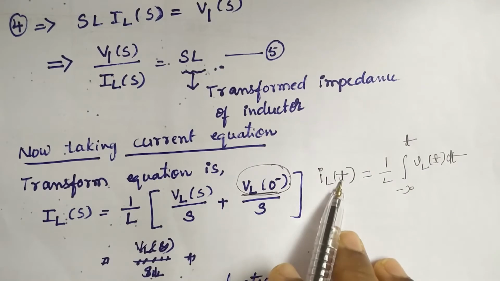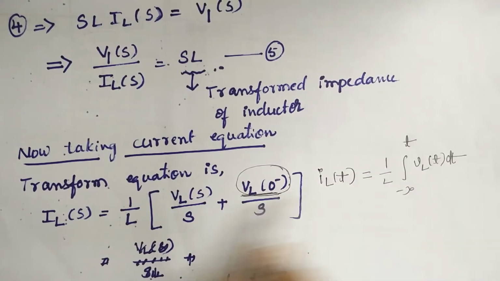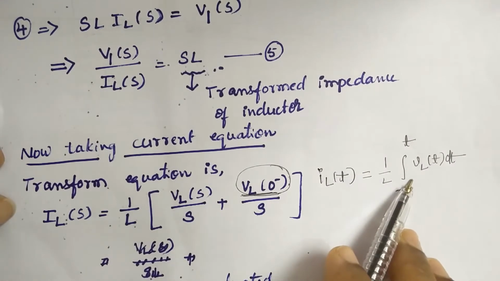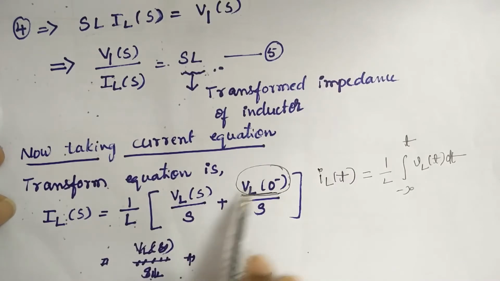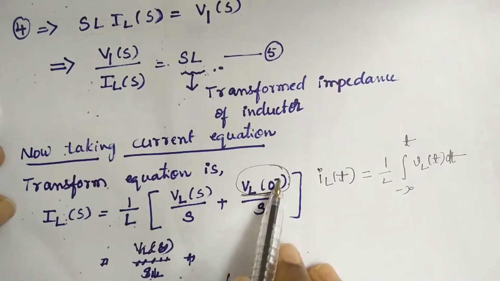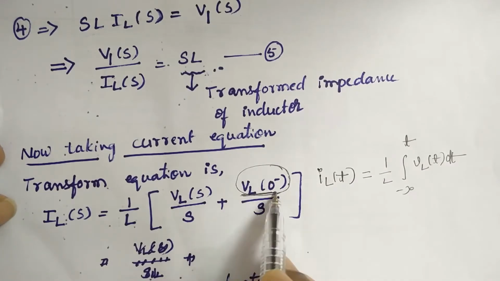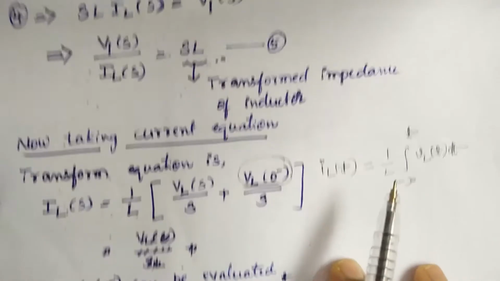So IL of t can be replaced by IL of S is equal to 1 by L, keep 1 by L, and the integral part written in the S domain: that is VL of S by S plus the initial voltage VL of 0 minus by S. Now I'm trying to write this voltage term in terms of the initial current. Let us see how that can be done.